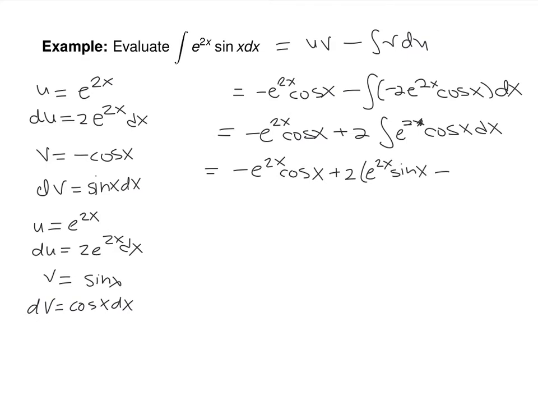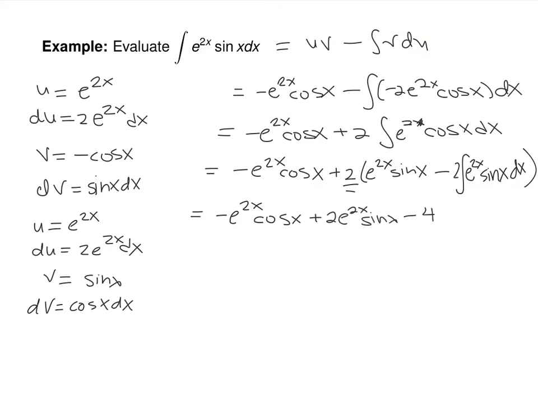So I'm just going to pull that 2 out right away. Minus 2 integral e to the 2x sine x dx. Then this 2 outside the parentheses must distribute. And we are at negative e to the 2x cosine x plus 2 e to the 2x sine x minus 4 integral e to the 2x sine x dx.